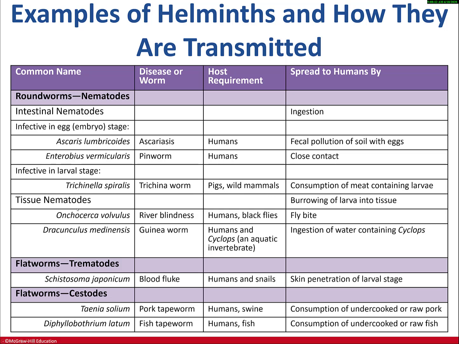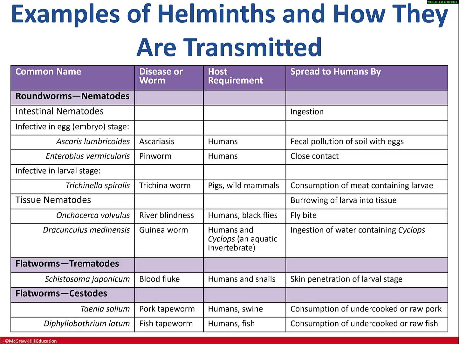Tissue nematodes, I'm not going to have you know these by names really, just looking at types of diseases. The pinworm, Trichinella worm, things like that, require certain hosts, and they burrow and then cause the disease. And a lot of it's because things aren't thoroughly cooked.